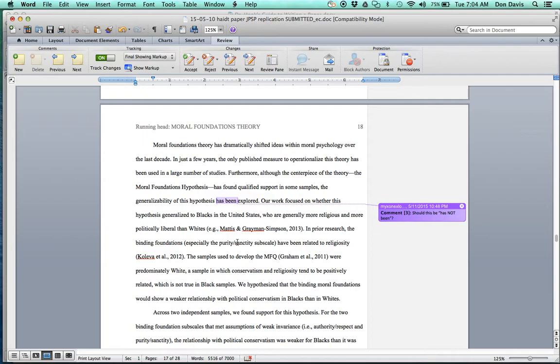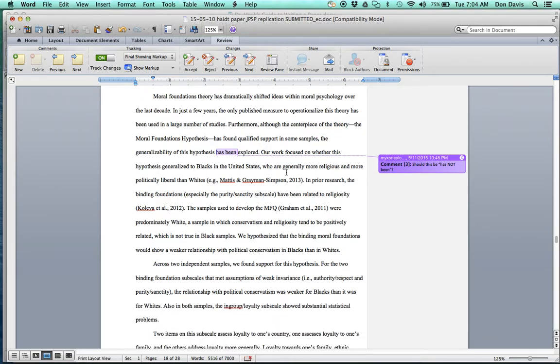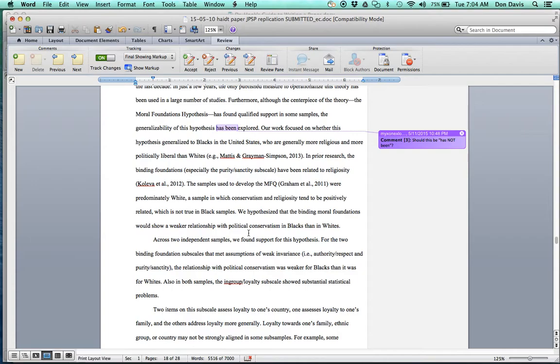It had plenty of zing to it because the ideas we were testing were pretty interesting. We reminded the reader of the influence of moral foundations theory, and then restated our intent to hone in and see whether that theory, and particularly one of the main hypotheses, generalized within black samples.